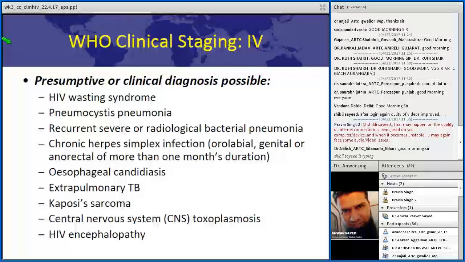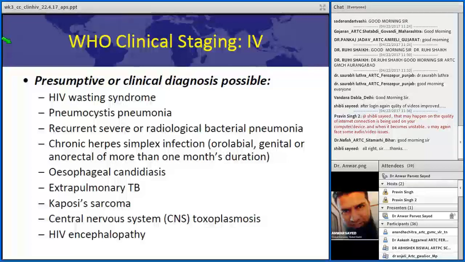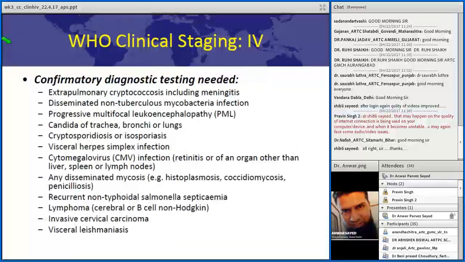Then CNS toxoplasmosis, again we see the MRI or CT scan, and based on the presentation we document it as toxoplasma. Of course, we correlate that with CD4 count and other factors, but we don't take brain biopsy to isolate the organism, so that we don't do. HIV encephalopathy, obviously we don't have anything to diagnose this kind of condition, so this is just a presumptive or clinical diagnosis.